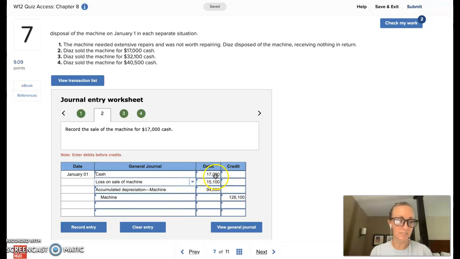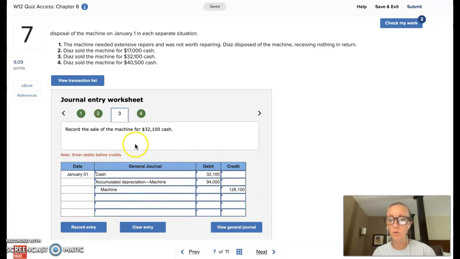If we receive $17,000 of that, we subtract $17,000 from the $32,100, which gives us a loss on the sale of the machine of $15,100. So we'll first debit the cash, $17,000, then debit the loss on the sale of the machine, $15,100. Then we'll debit the accumulated depreciation on the machine, $94,000, and once again credit the machine account, $126,100. Record entry on that one.